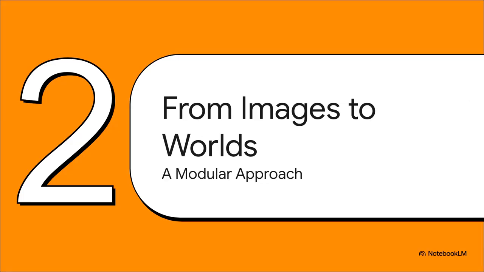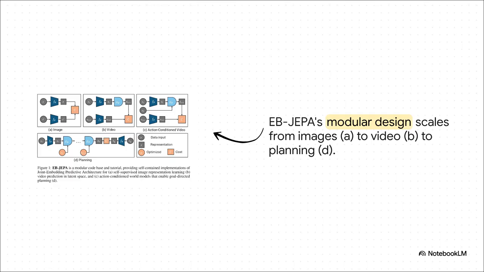Okay, so that's the core idea, but what's really cool is how the EB-JEPA library takes that concept and just builds on it, piece by piece. It uses this really elegant modular design that scales up the complexity one step at a time. Let's just walk through this diagram together. It all kicks off at panel A with basic images. The model just learns to understand what it's seeing.